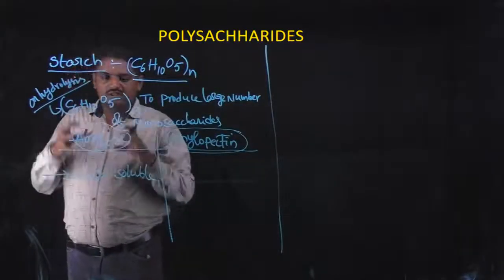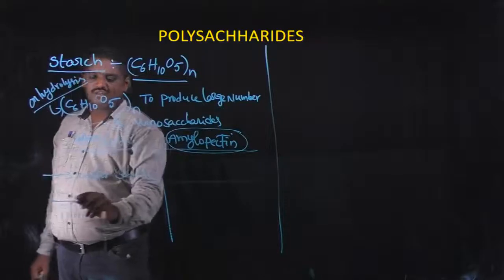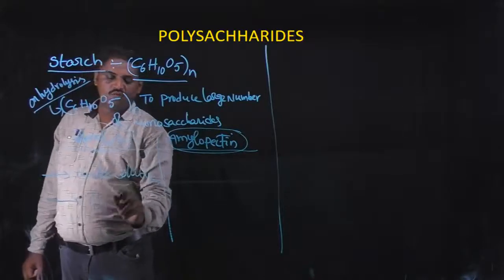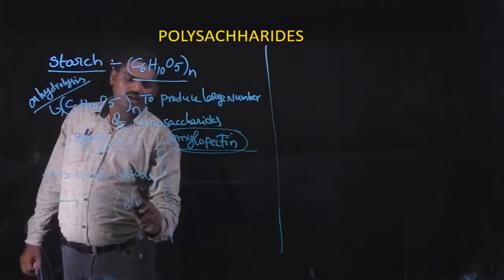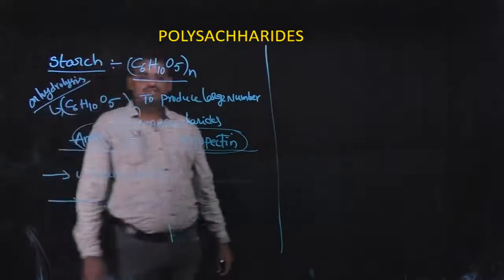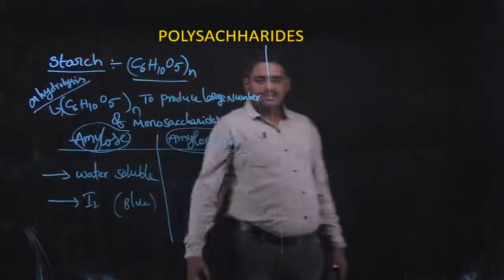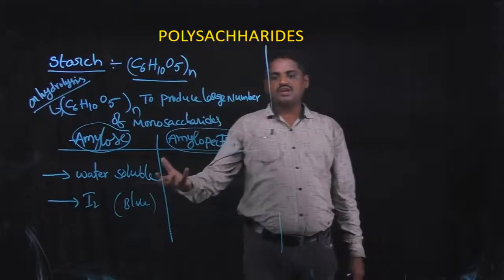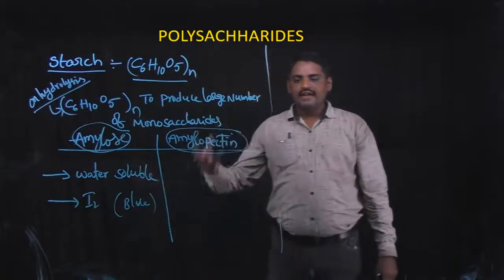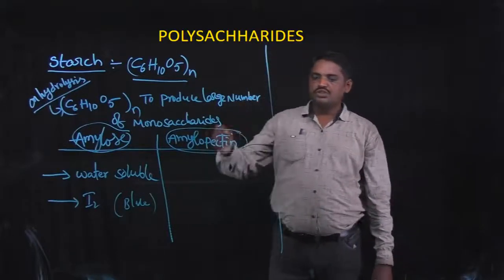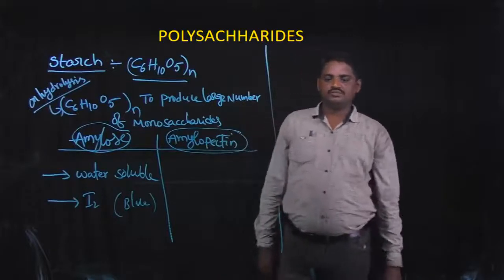Okay, so this molecule reacts with iodine to produce a blue color solution. Amylose reacts with iodine to produce a blue color solution.